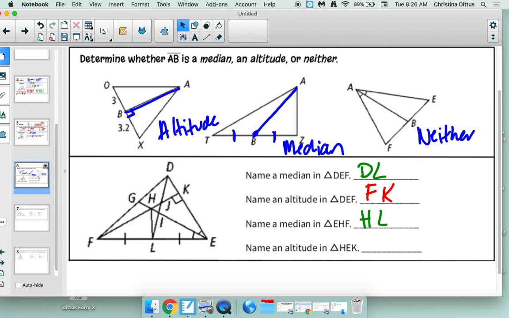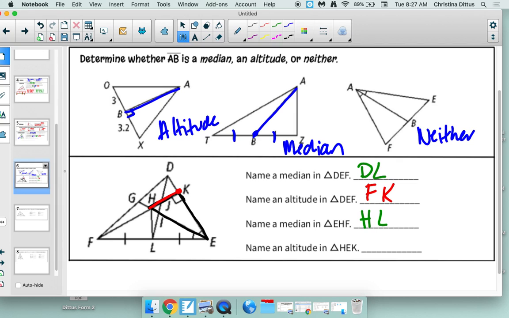Then I got triangle H-E-K. Altitude means right angle. Where's my right angle? At K. The one opposite it is what letter?